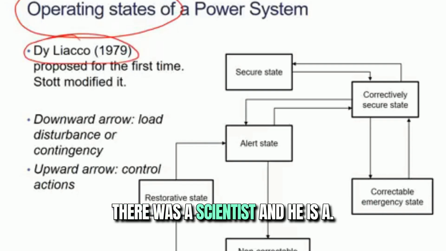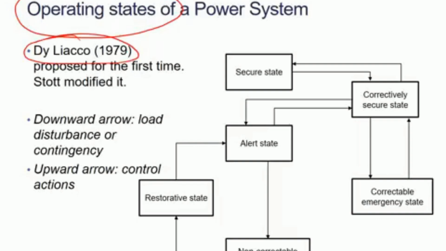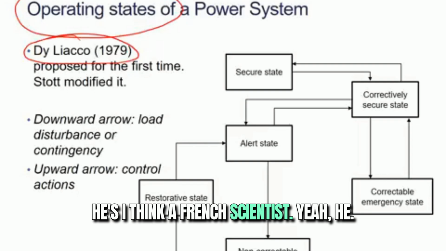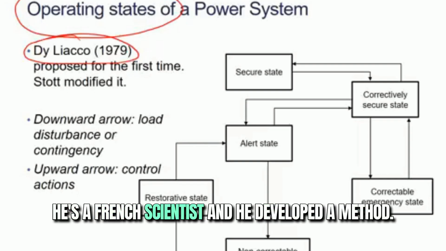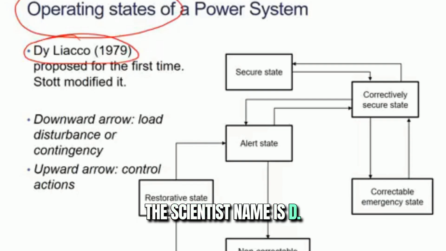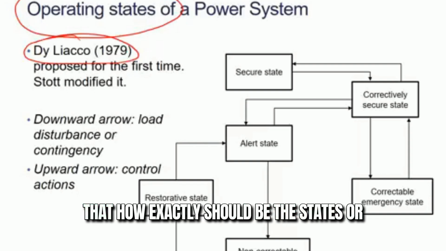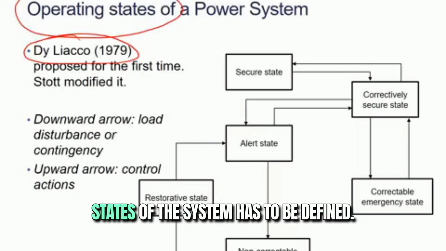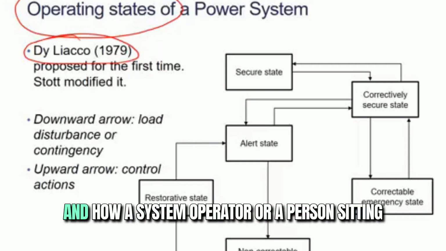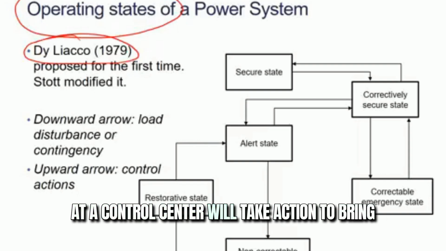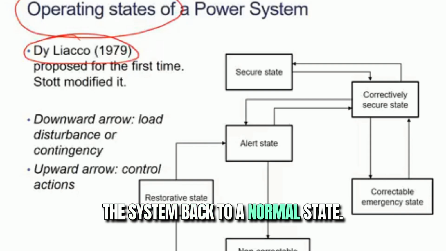There was a scientist, I think a French scientist, and he developed a method. The scientist's name is Dy Liacco, and he developed for the first time how exactly the states of the system should be defined, and how a system operator or a person sitting at a control center will take action to bring the system back to a normal state.